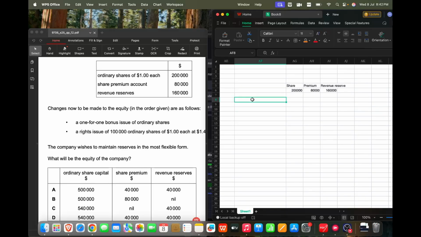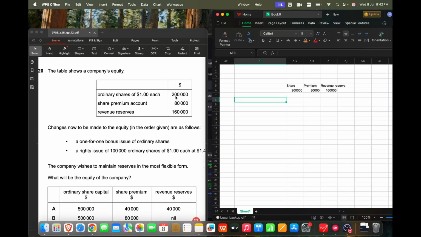When we issue bonus shares, we need to find out how many shares we are giving. So here 1-for-1 shares. We have altogether 200,000 shares because each share value is $1. So if I divide 200,000 by 1, I'll still get 200,000. So we are giving them 1-for-1 share. That means additional 200,000 shares.